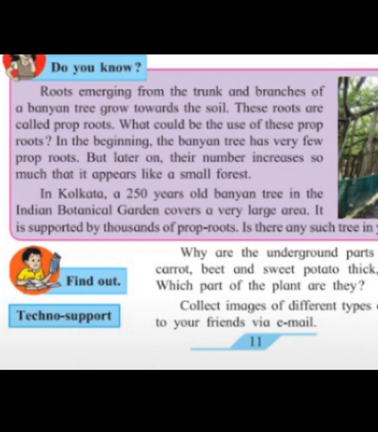This is an image of a banyan tree, and the peculiarity of the banyan tree is that the roots emerging from the trunk and the branches grow towards the soil. Such roots are called prop roots.